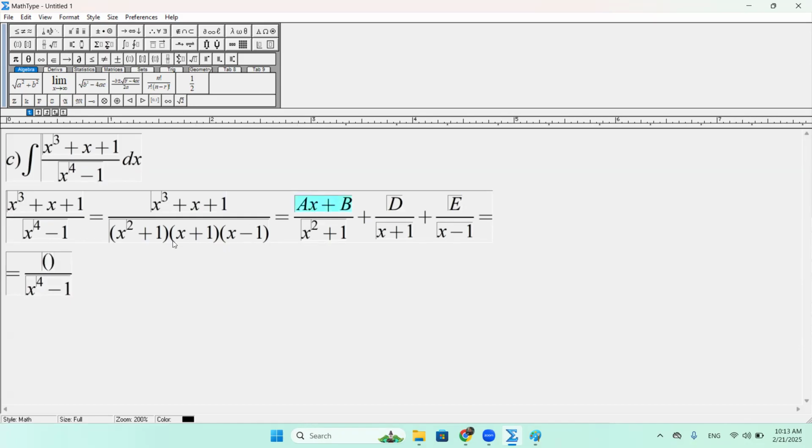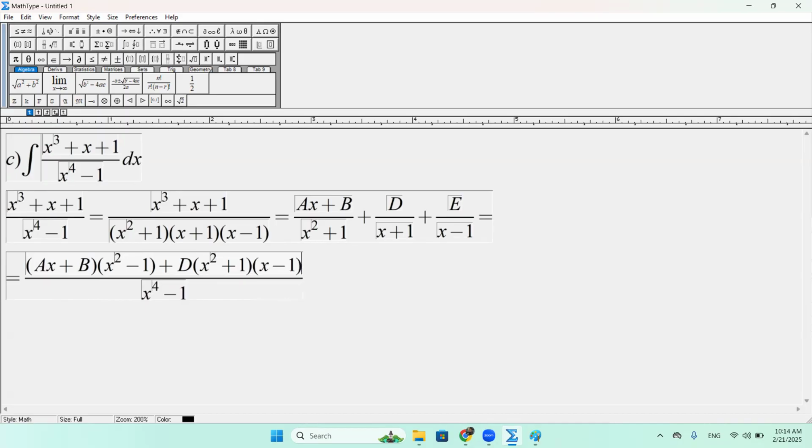So ax plus b multiplied by x squared minus 1, plus d multiplied by x squared plus 1 and by x minus 1, plus e multiplied by x squared plus 1 and by x plus 1.